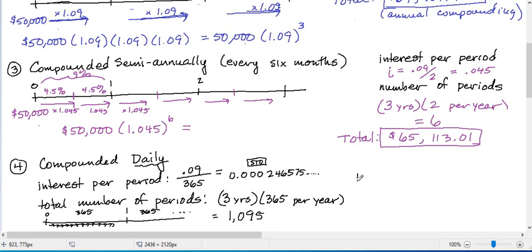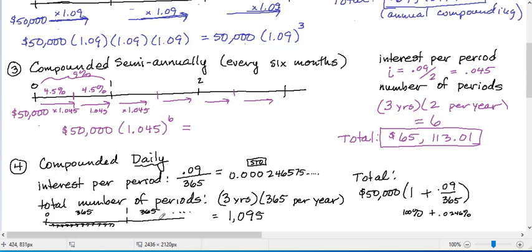I can get to my total pretty quickly by starting with my original principal and multiplying it by 1 for 100%, plus my daily interest factor, which is 9% divided by 365, or 0.0246% more.